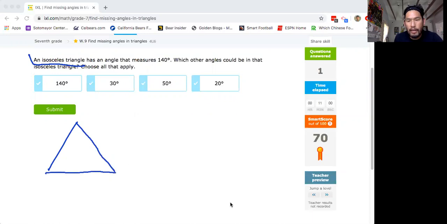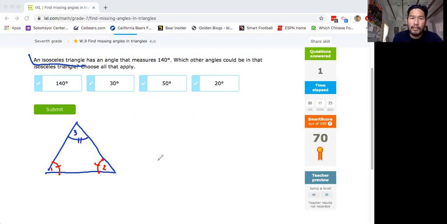So if I'm drawing this triangle here, you've got angle 1 down here at the bottom, angle 2 down here at the bottom. This is angle 1, this is angle 2, and they're the same. So I'm going to put a little line through the arc to show you that they're the same. And then this angle at the top is going to be different. This is angle 3, but it is not the same as 1 and 2.